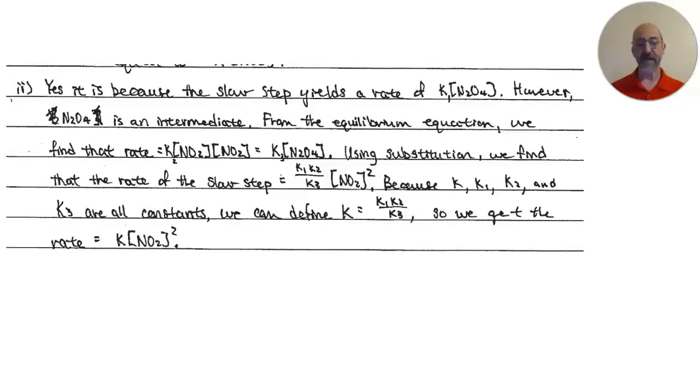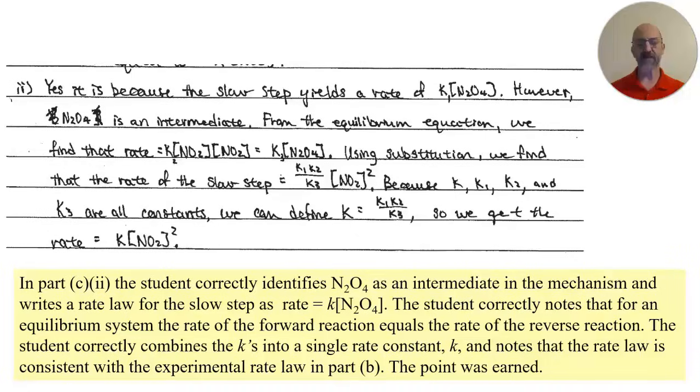And so they say, yes, we get the rate equals K times NO2 squared. So here's the commentary showing that this student did earn the point. It says, in part C, Roman numeral 2, the student correctly identifies N2O4 as an intermediate in the mechanism, and they write a rate law for the slow step as rate equals rate constant K times concentration of N2O4.